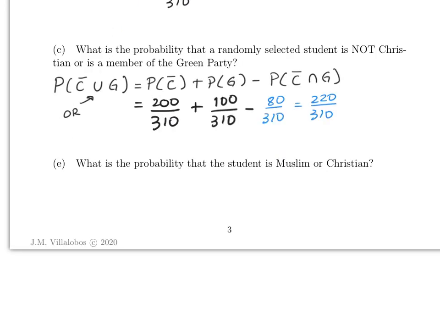Finally, let's do part E. Part E requires the happy face formula too. It says, what is the probability that a student is Muslim or Christian?